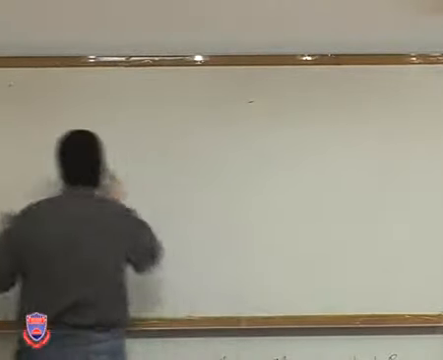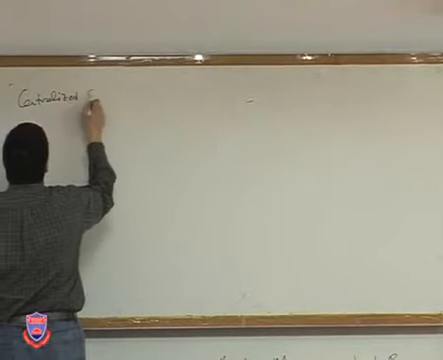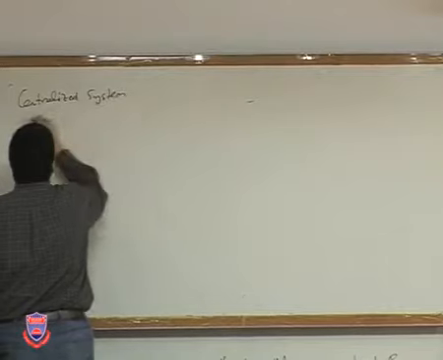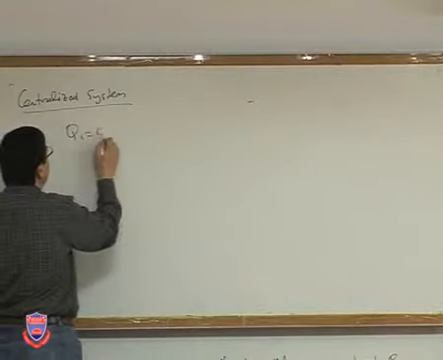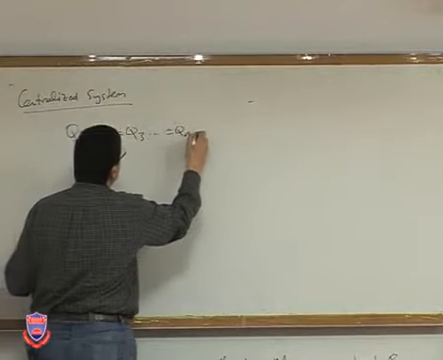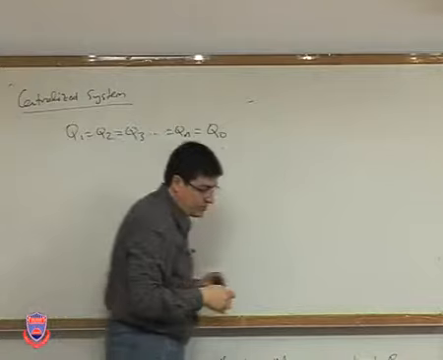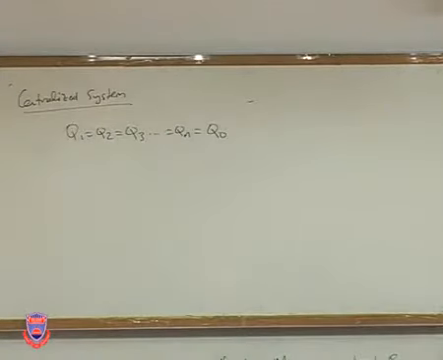Okay, first let us talk about the centralized system. Now, when we're talking about the centralized system, of course, you immediately write Q1 is equal to Qn, and that's also equal to Q0, because there is no meaning for ordering more units, because it is going to be suboptimal.